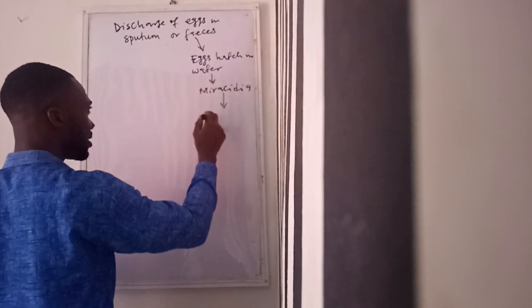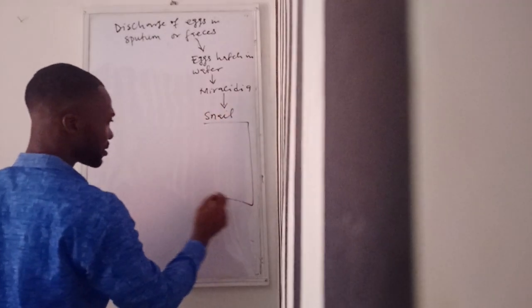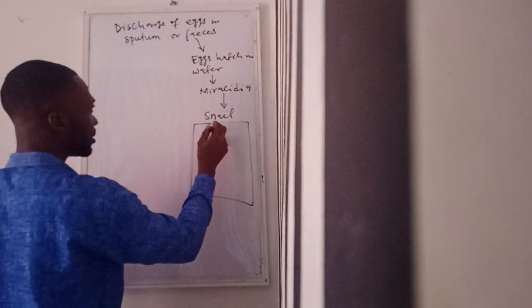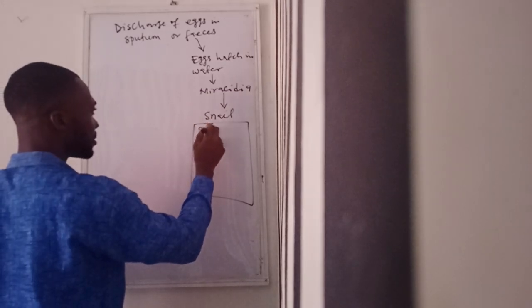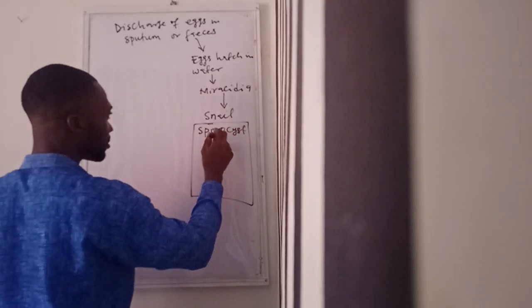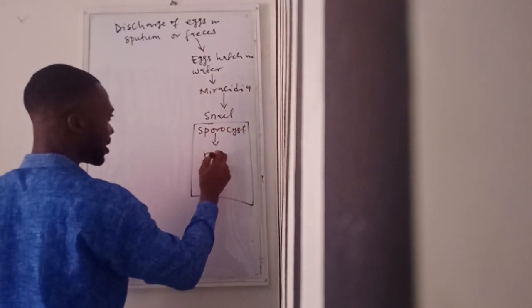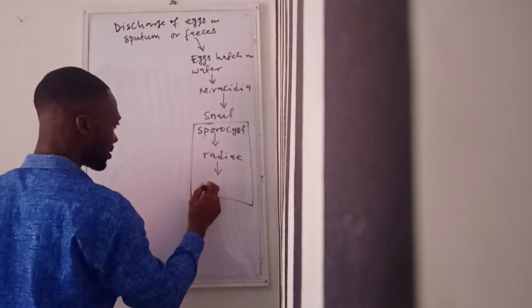Then the miracidia penetrate the snail. Within the body of the snail, it transforms into sporocysts, then into rediae, then into cercariae.